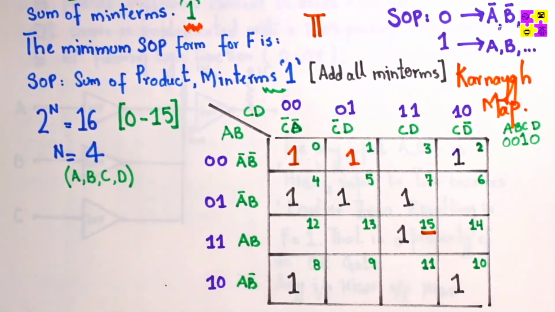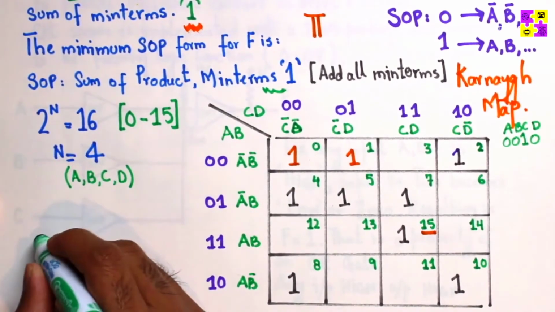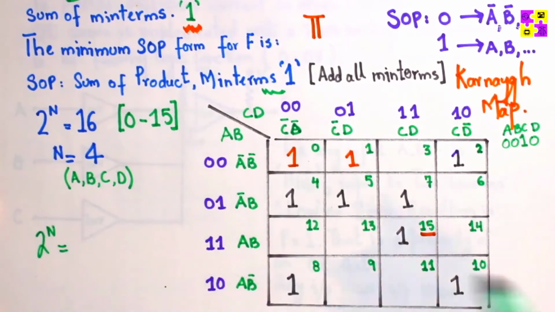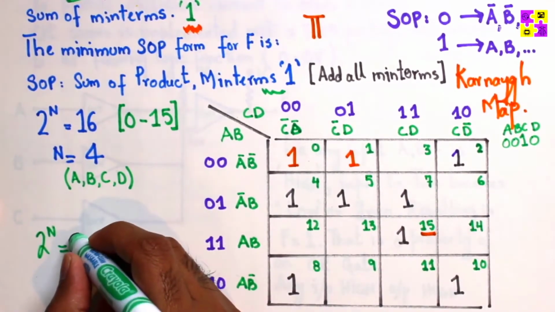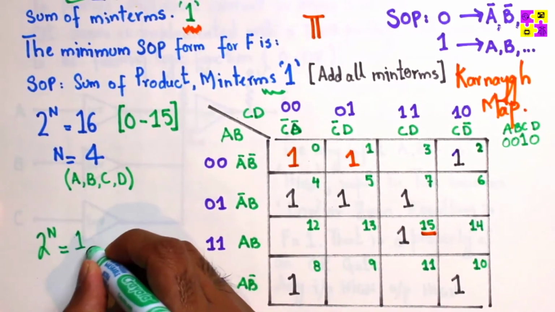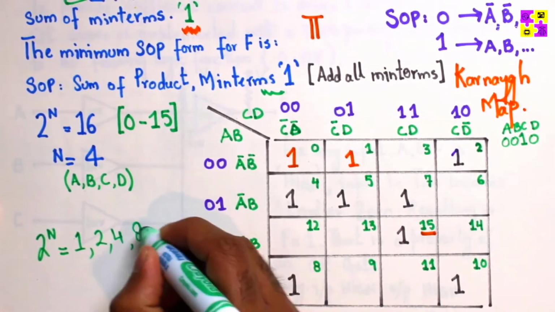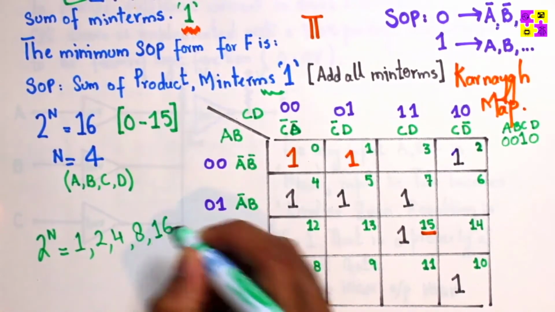We are going to pair them up. And we always look for the largest possible rectangle in the size of 2 to the power n, right? So we can make a group where we could have 1 just lonely, or 2 or 4 or 8 or 16, and so on.